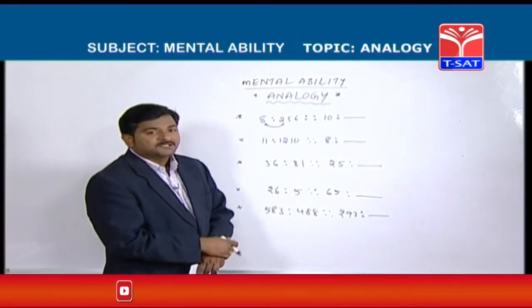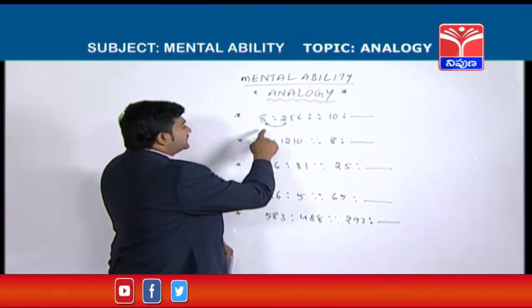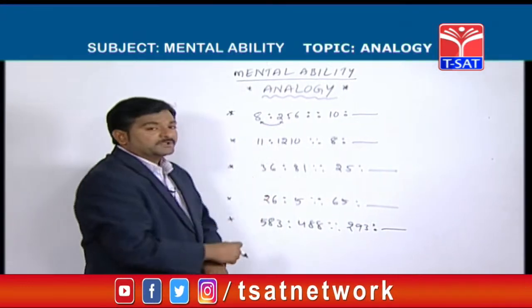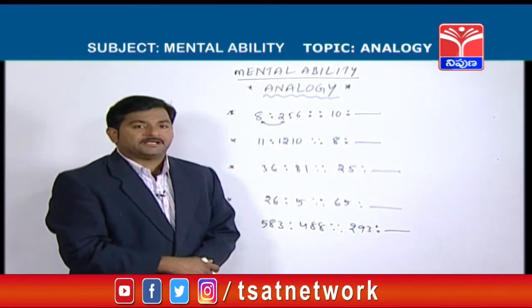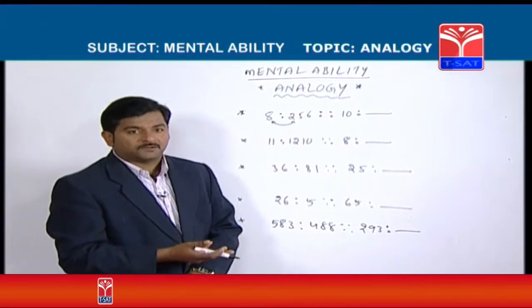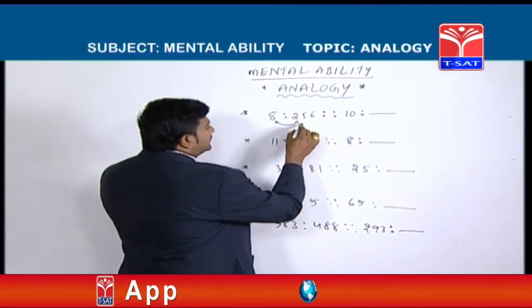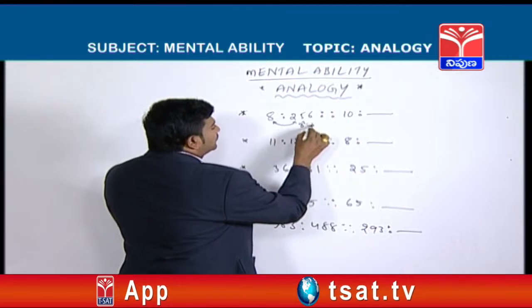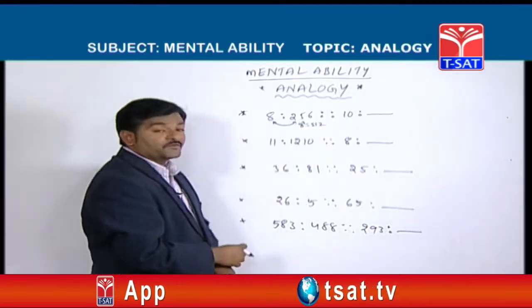To identify the relationship between these two numbers, you must know the 8 cube value. 8 cube value is how much? 512. Everybody knows 8 cube is 512, but 256 is given.